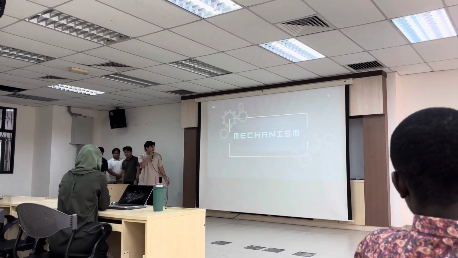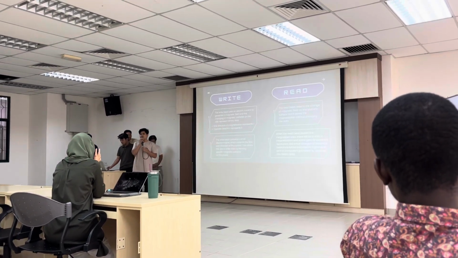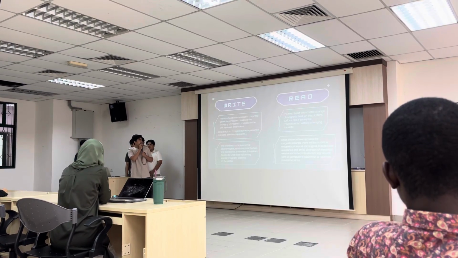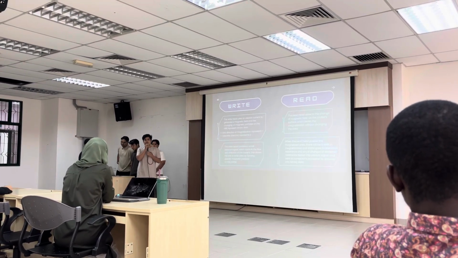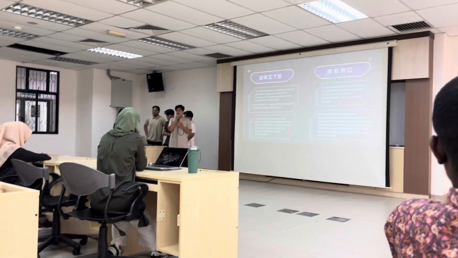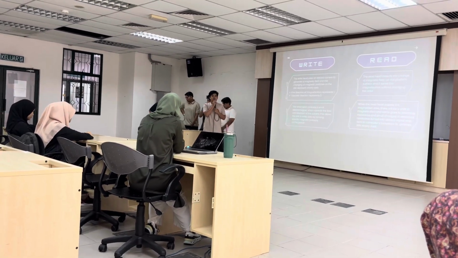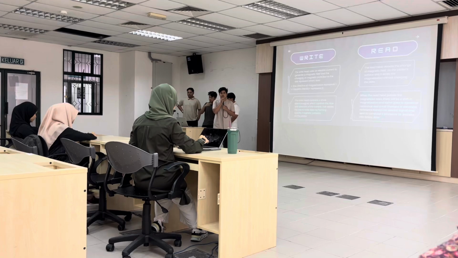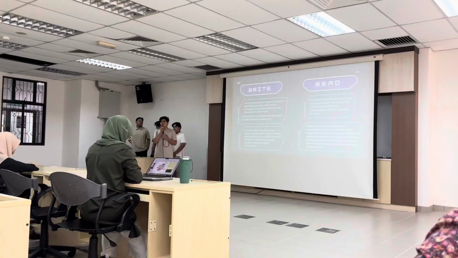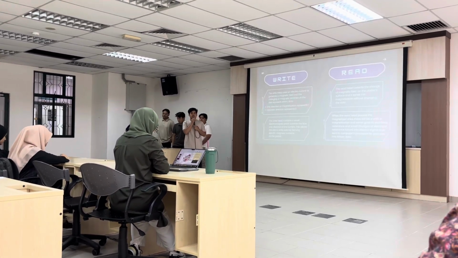Assalamualaikum everyone. So we'll continue about the mechanism. The mechanism covers two main parts, which are writing data and reading data. For writing data, the writing will use an electric current to generate a magnetic field. When there is a magnetic field, there will be a change of magnetic particles on the disk. They will represent the binary data, and each orientation of the magnetization will represent a binary value.